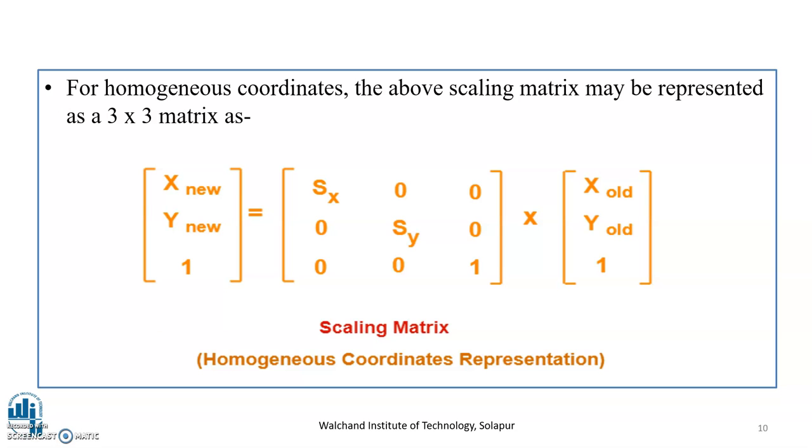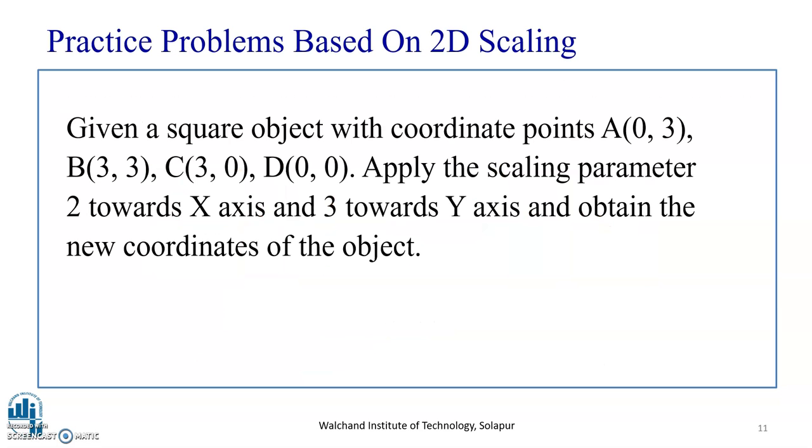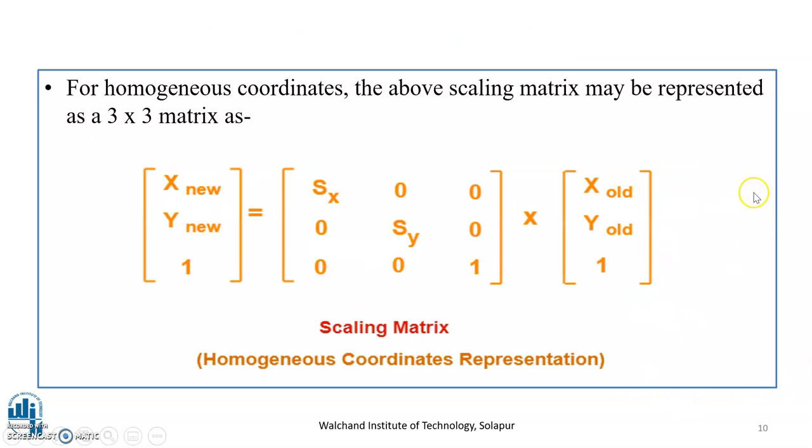We simplify it using homogeneous coordinates so that it becomes convenient for us to operate on or calculate a given object or polygon. As you have seen, the concept of scaling alters the dimensions of the original object in the x and y directions. We have seen how to represent a scaling matrix using homogeneous coordinates.